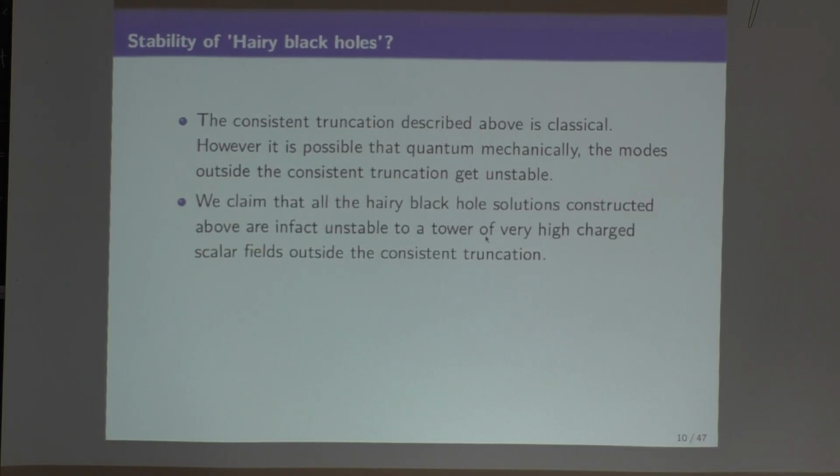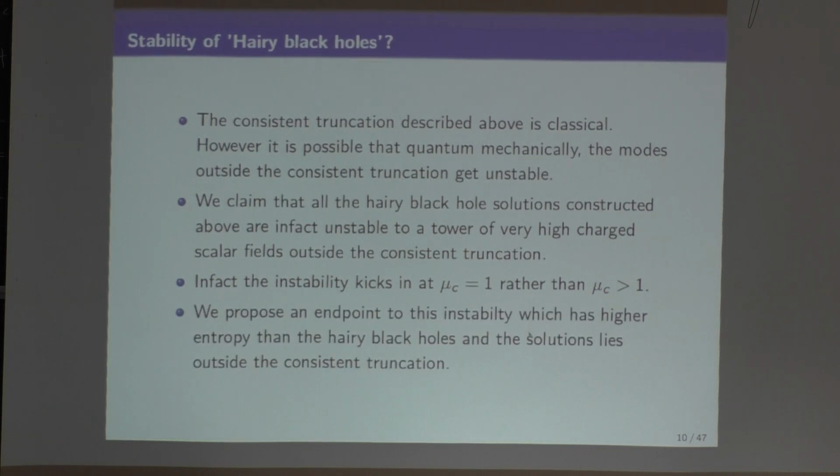Now we claim that the hairy black hole solutions constructed are in fact unstable to a tower of very high charge scalar fields, and they all lie outside the consistent truncation. In fact, the instability, as I will show, exists at a critical value which is 1, rather than the critical value greater than 1 where the single scalar field got unstable.